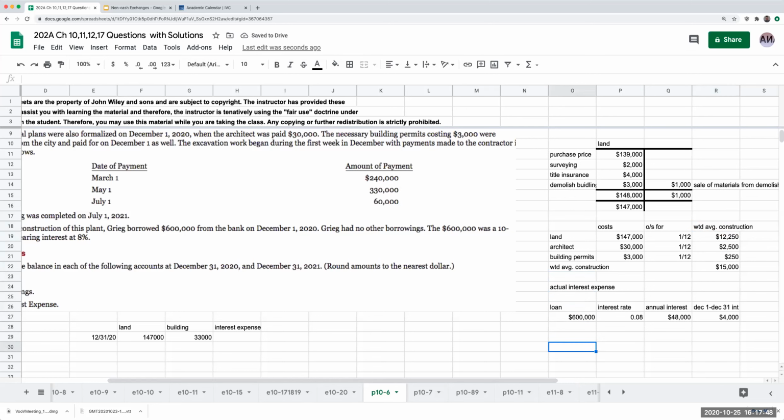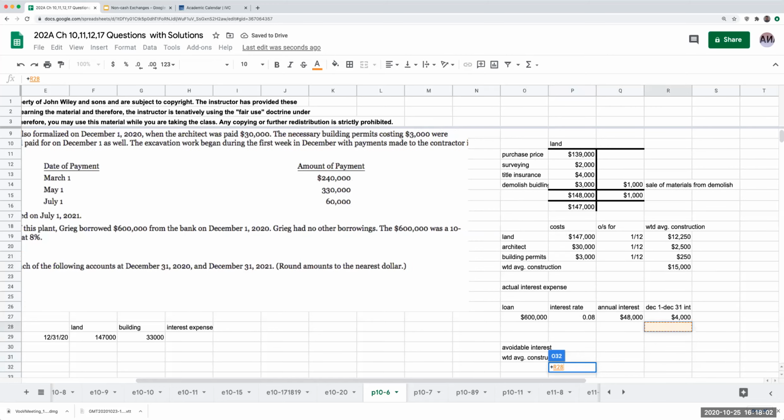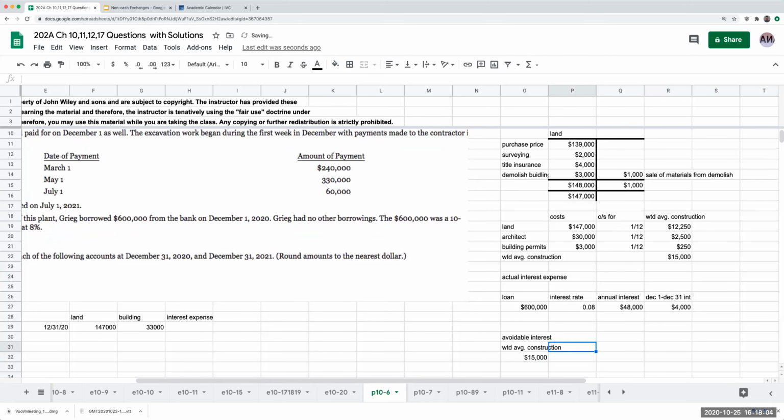So my avoidable interest is going to be my weighted average construction expenditures of 15,000. I'm going to multiply this by the interest rate of 8%.